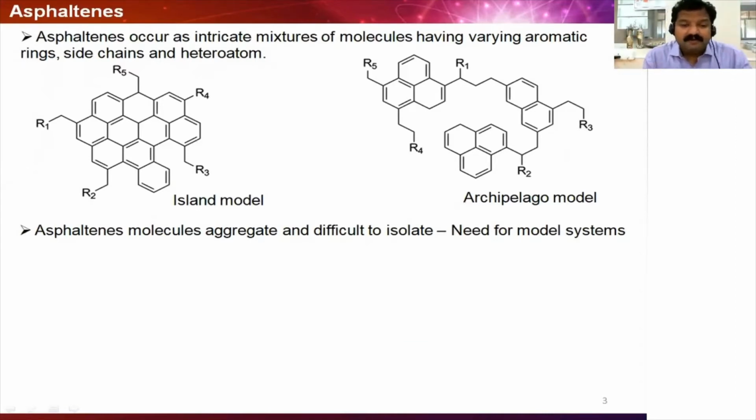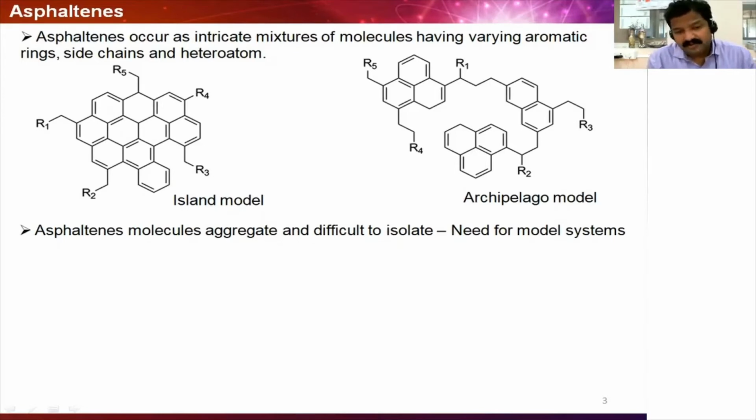Two famous models of asphaltenes exist. One is called the island model, where the asphaltenes have a central aromatic core with appended alkyl side chains. Then there is the archipelago model, where the aromatic cores are connected by alkyl chains, as we can see.